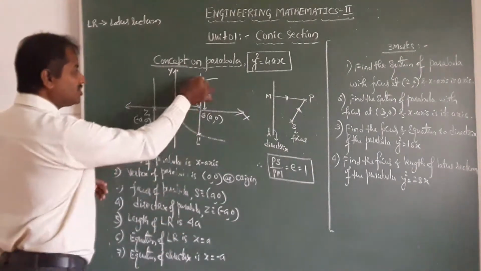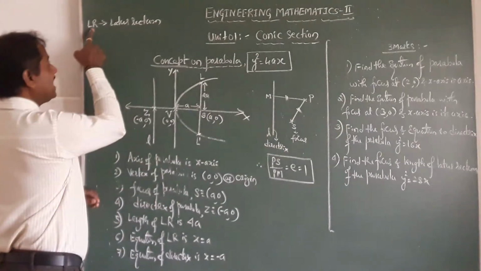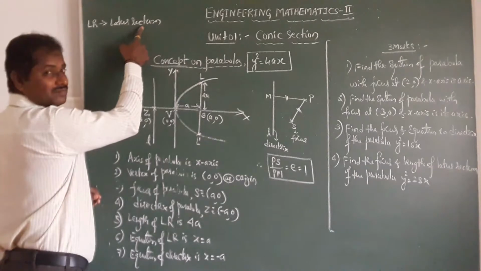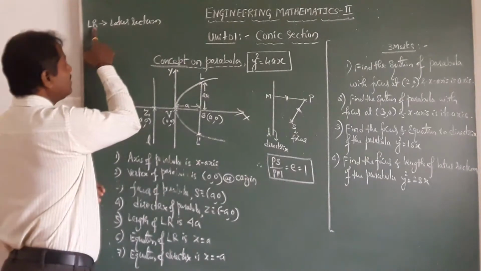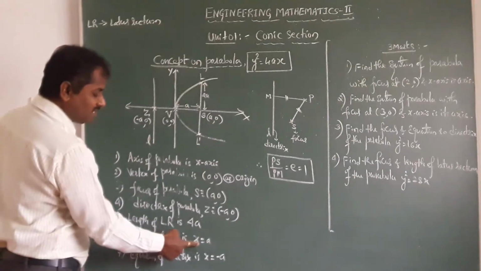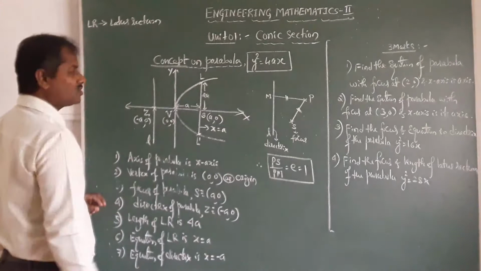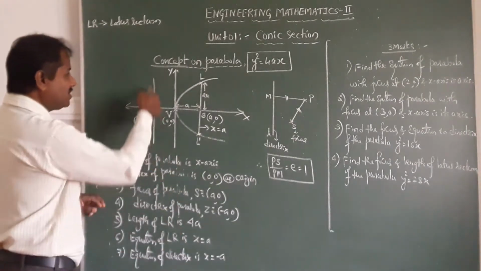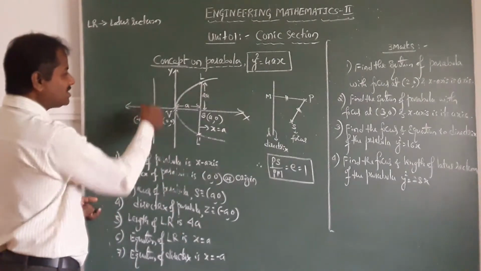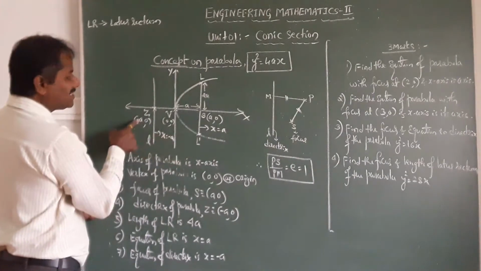And what is the equation of this line? What is called the latus rectum? Here LR represents the latus rectum. To be remembered, LR means latus rectum. The equation of latus rectum is x is equal to a. And the equation of directrix, this line, has an equation x is equal to minus a.